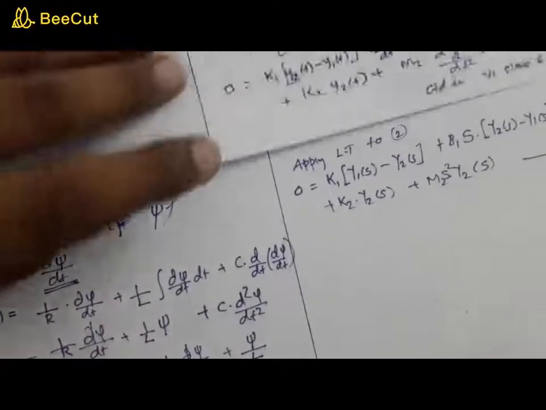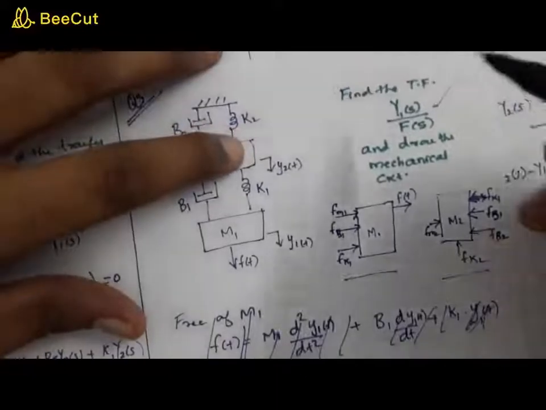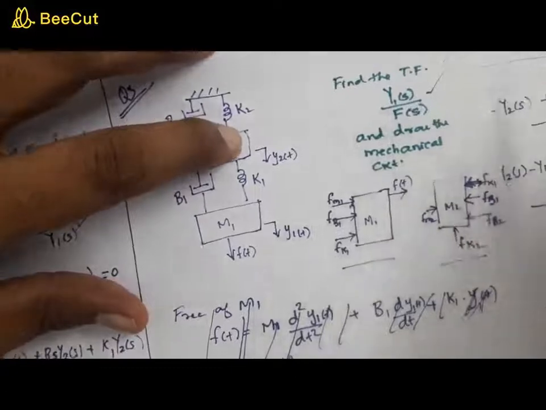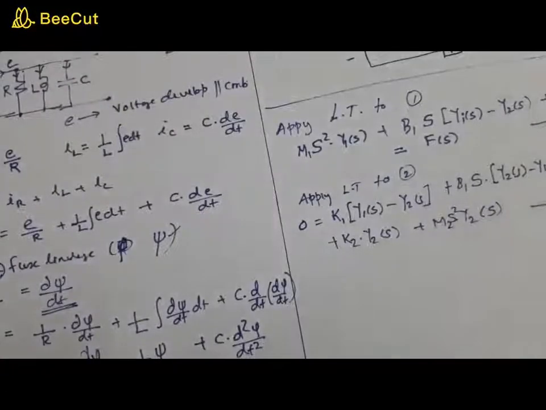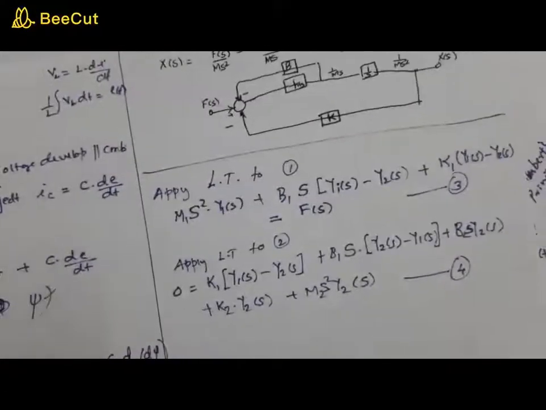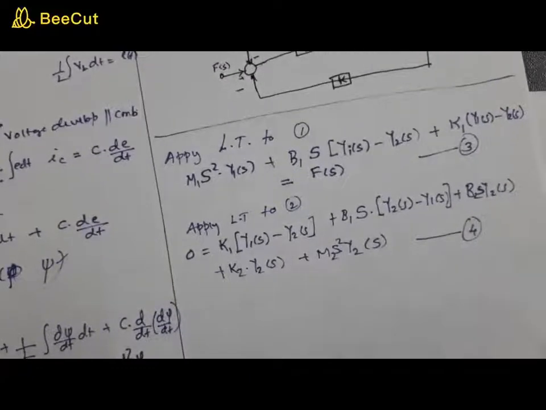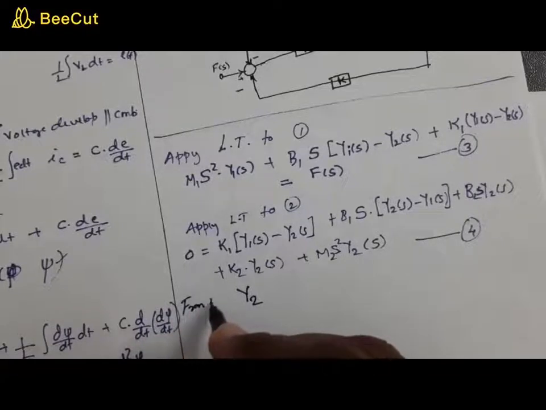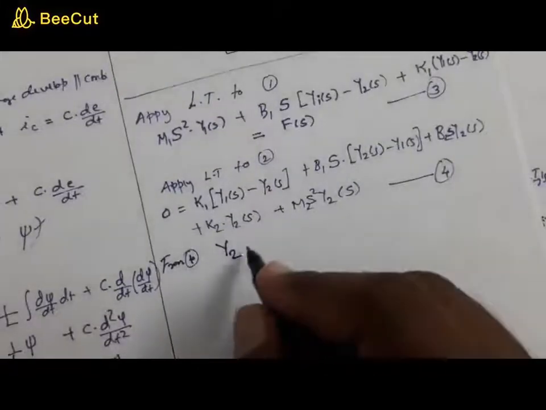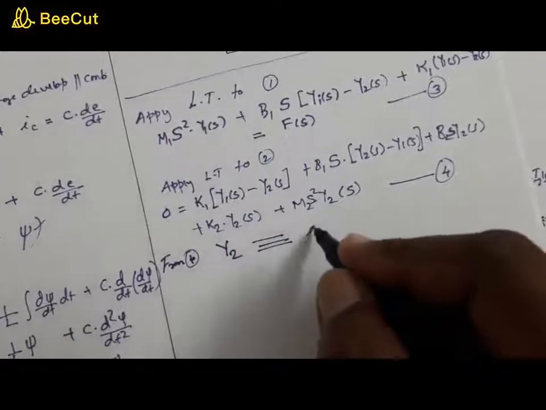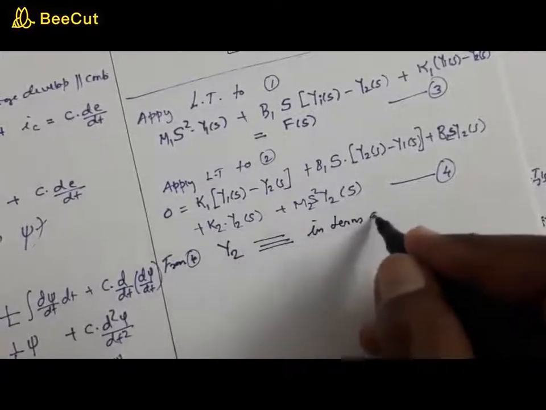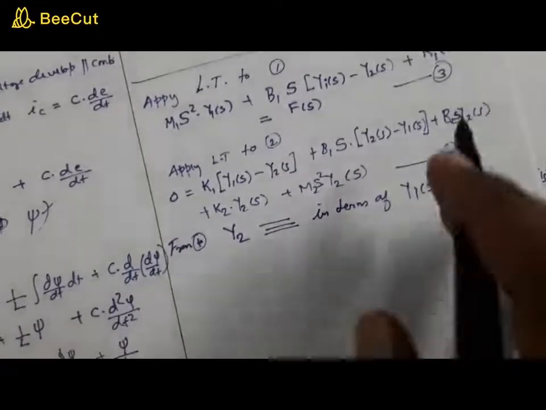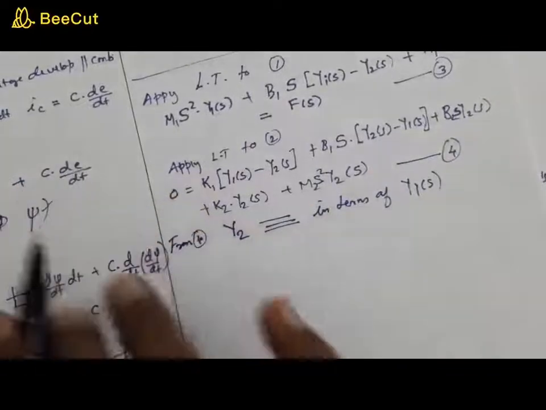Now what I want to find out is an equation relating only y1 of s and f of s. From the fourth equation, you will be able to get y2 of s in terms of y1 of s. Bring all the y1 of s terms to the other side.